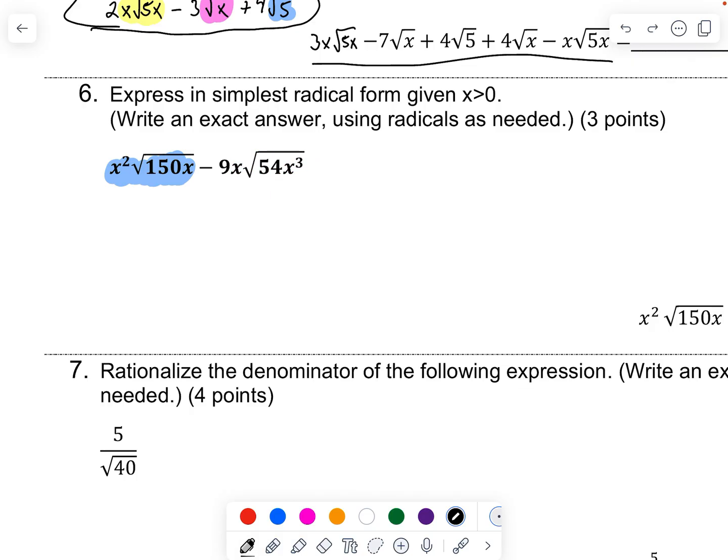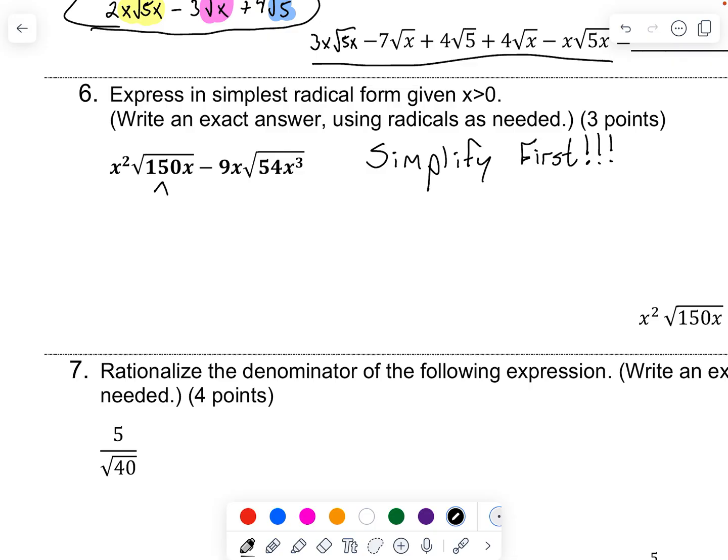So simplify first. Let me write that right. Simplify first. All right, then you can see if you can combine these because they're like terms. Okay, so I got to simplify.